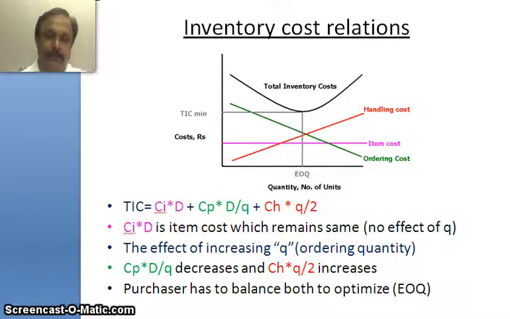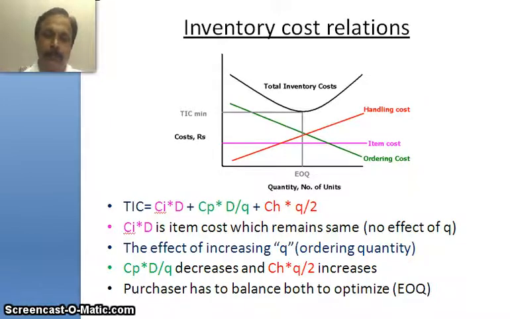If by increasing this Q the total handling costs are increasing, the total ordering costs are decreasing. Now it becomes essential that a purchaser or a buyer has to balance both the handling cost and ordering cost so as to bring the total inventory cost to a minimum level.